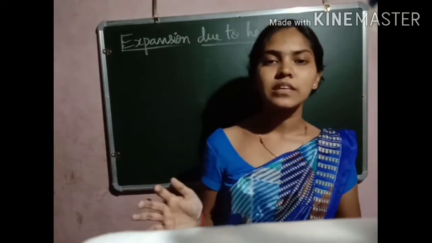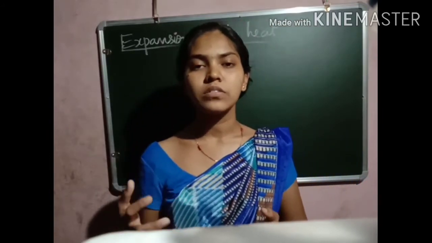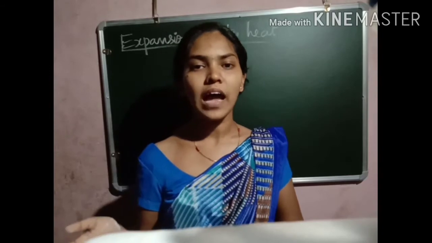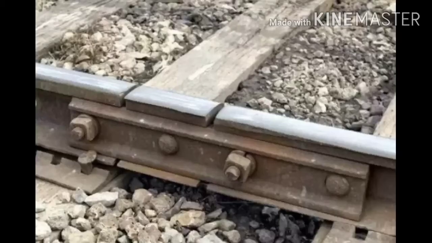Now let us discuss expansion in solids. What effects do solids show when heated? You might have observed in the railway tracks that between the rails they keep a little gap. The reason is that during the summer these metal rails expand due to the summer heat.